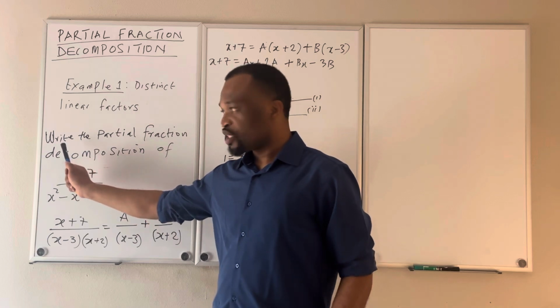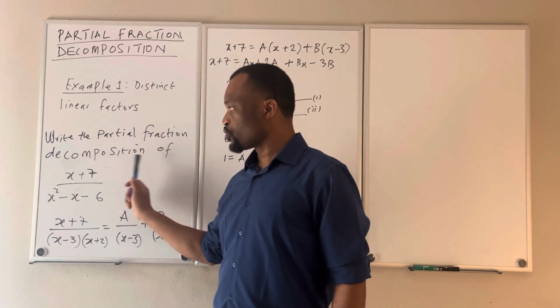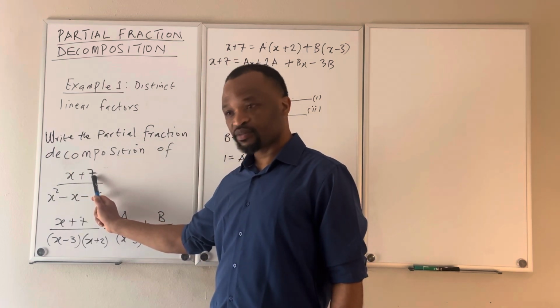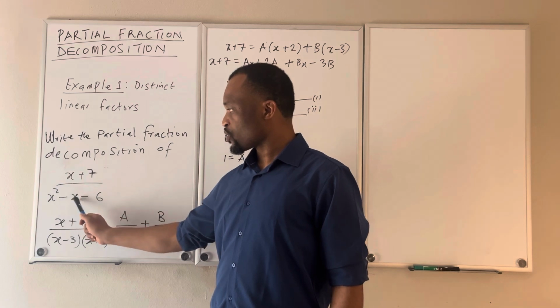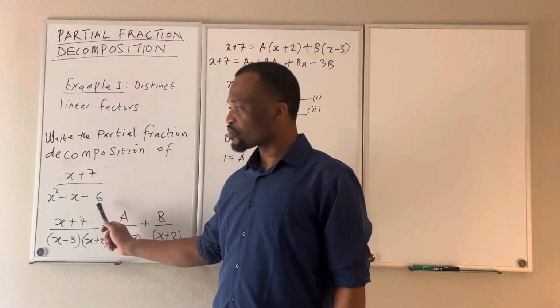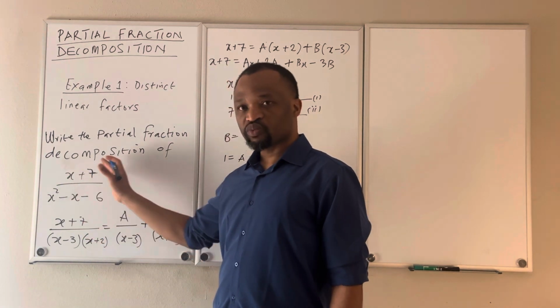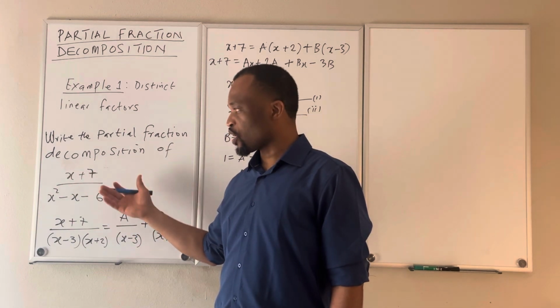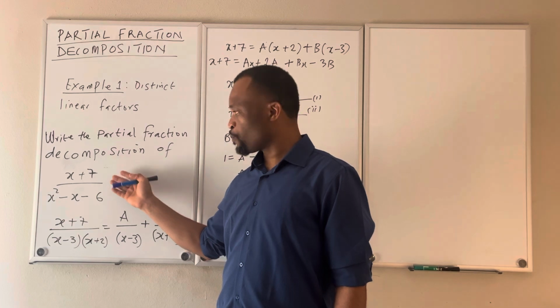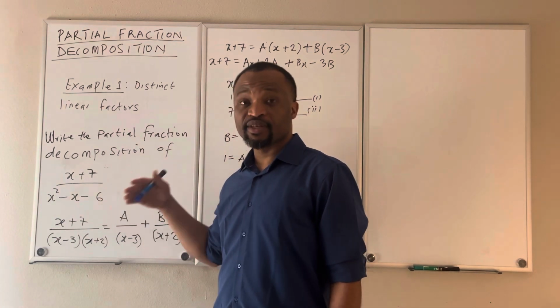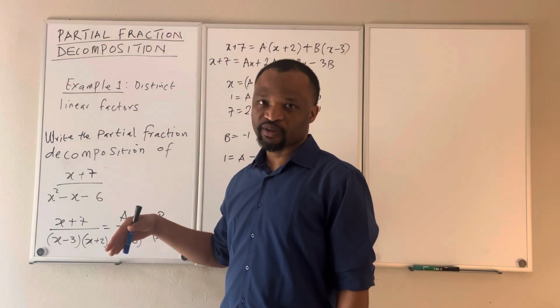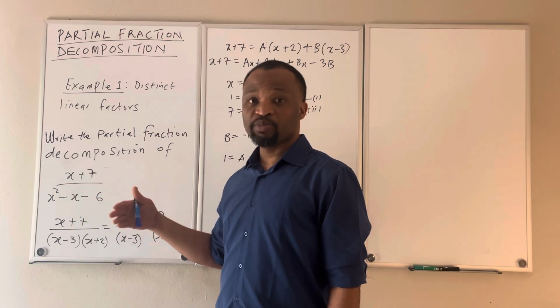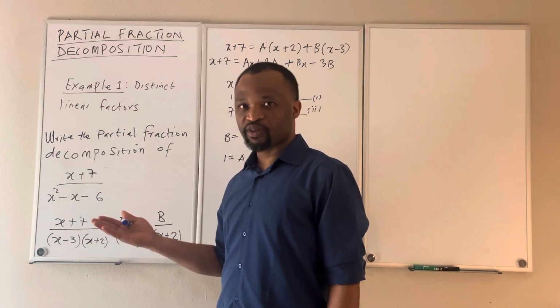The example we have here says write a partial fraction decomposition of x plus 7 over x squared minus x minus 6. For us to be able to solve this problem, we need to ask ourselves, is this partial fraction rational or irrational? What does it mean for a partial fraction to be rational?